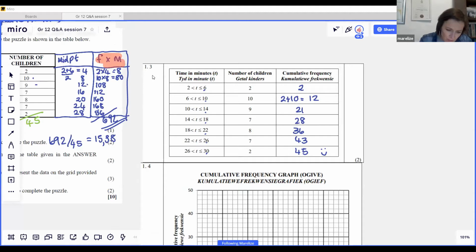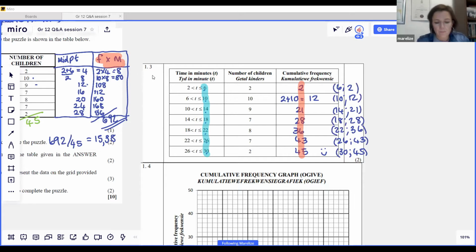So these are going to be our x points, and our y points are going to be these ones. So if I had to write these as coordinate pairs, they'd be 6 and 2, 10 and 12, 14 and 21, 18 and 28, 22 and 36, 26 and 43 and 30 and 45. Okay, so those are actually our points that we have to plot.